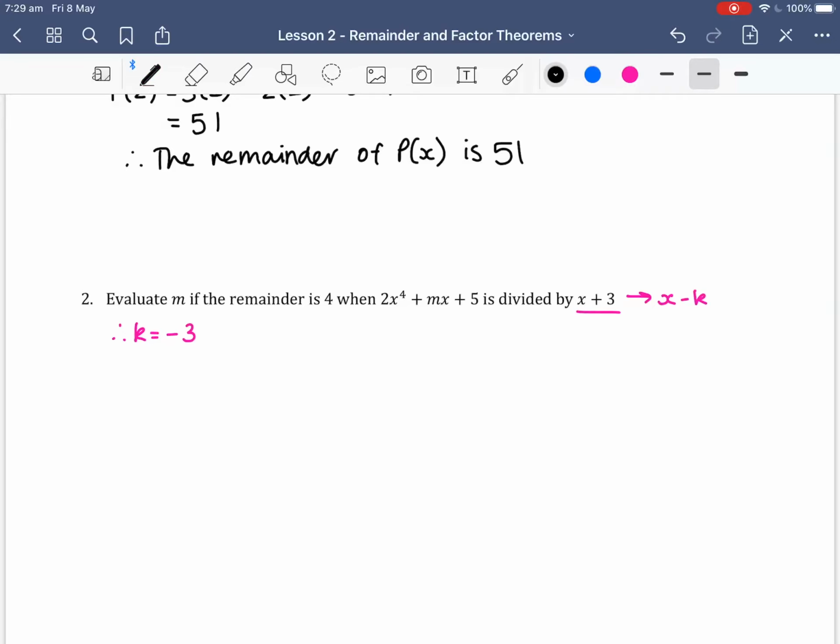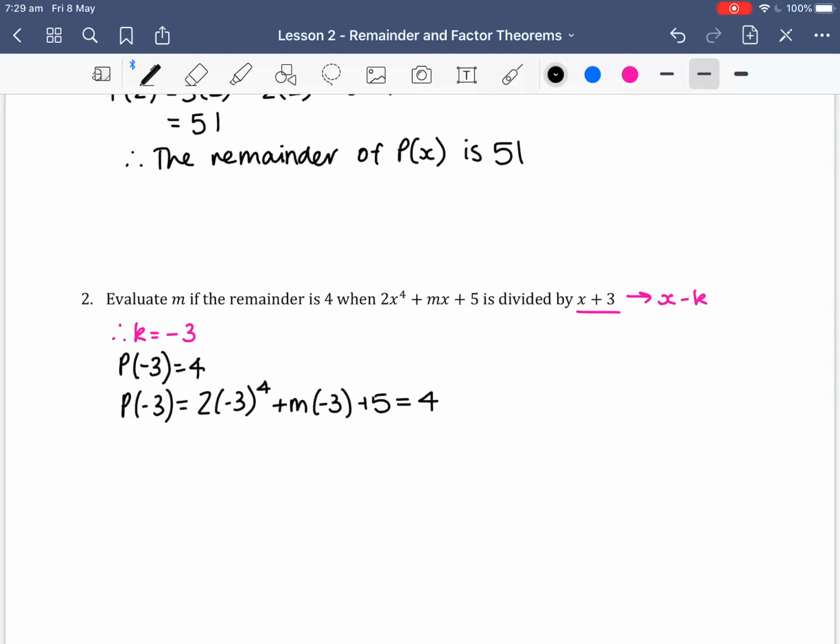So let's substitute that into our equation, and we know that this equals 4. So we have that P(negative 3) equals 4, because it says evaluate m if the remainder is 4. So P(negative 3) equals 2 times negative 3 to the power of 4 plus m times negative 3 plus 5 equals 4.